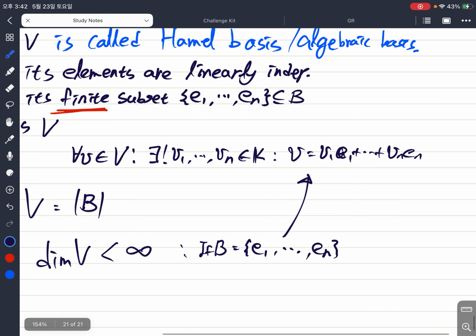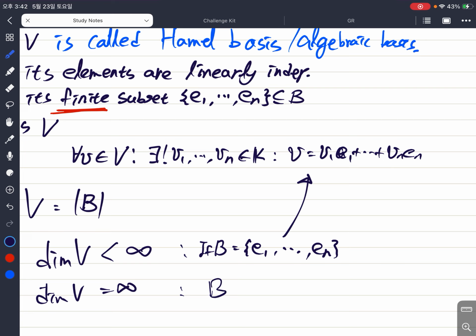But if the dimension of V is infinite, then B contains more than this spanning set, and extra. So this is the difference.